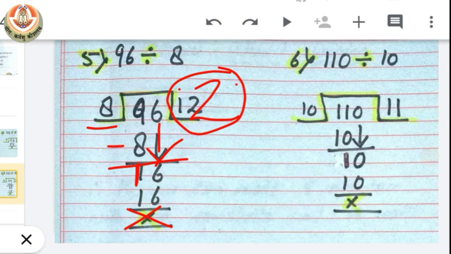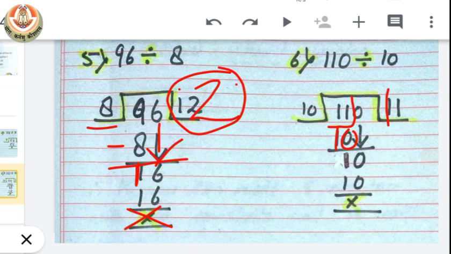Next, we have to divide 110 by 10. We cannot take only one digit at a time because our divisor is a two-digit number. So first we take two digits, which becomes 11. We write 10 into 1 equals 10.